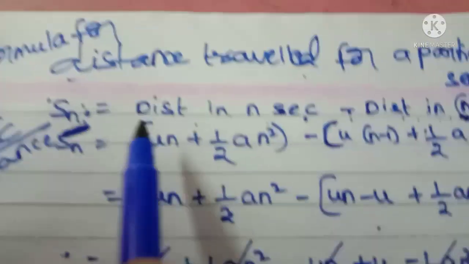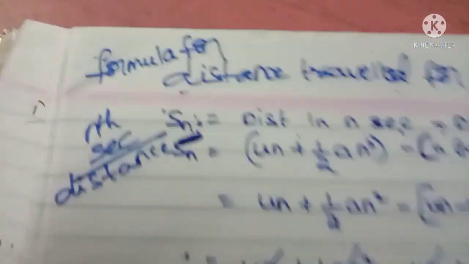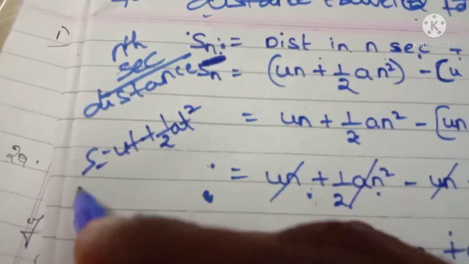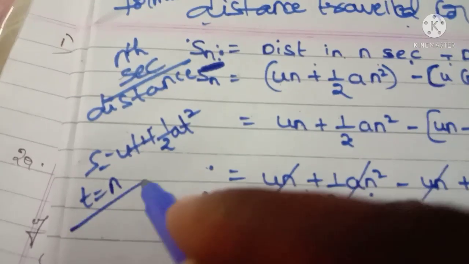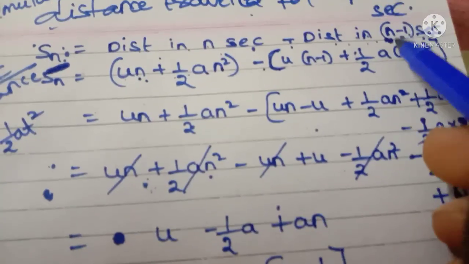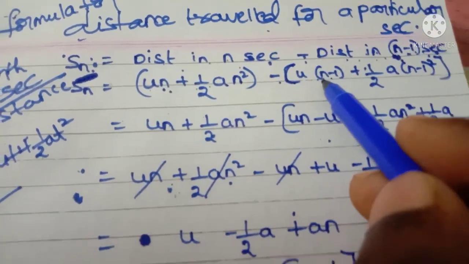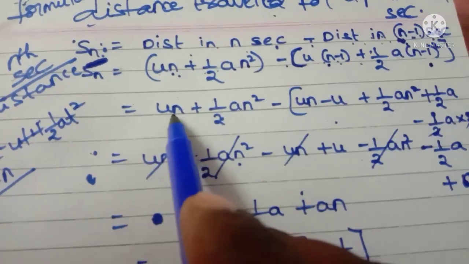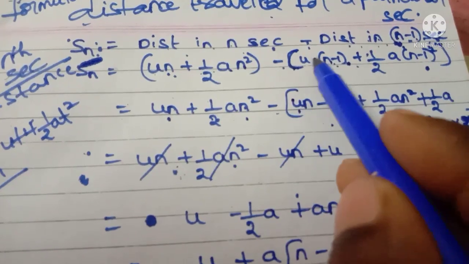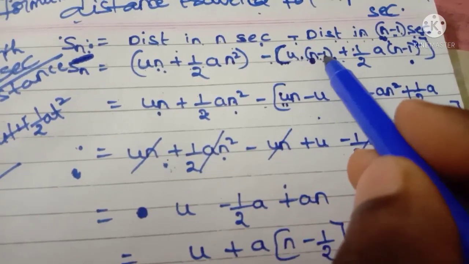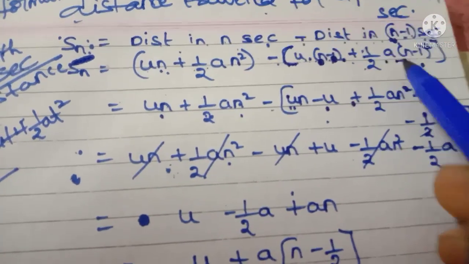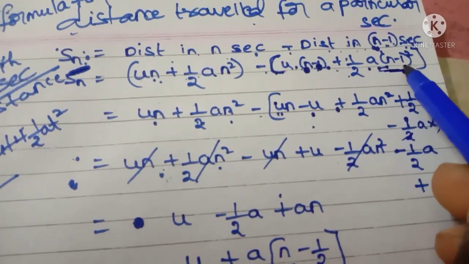Now, already we know S equals ut plus half at square, but what about time here? t equals n. So I will substitute n: un plus half an square minus the n minus 1th second distance. So un plus half an square minus, u into n minus 1 plus half a into n minus 1 whole square.